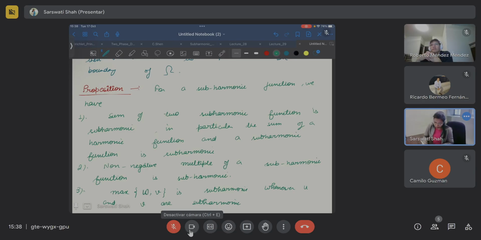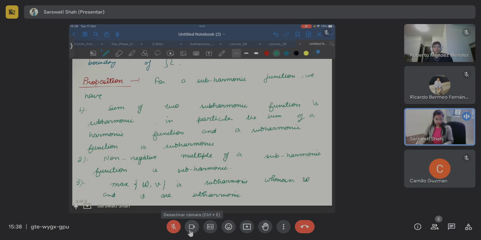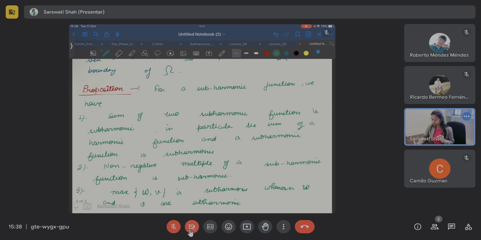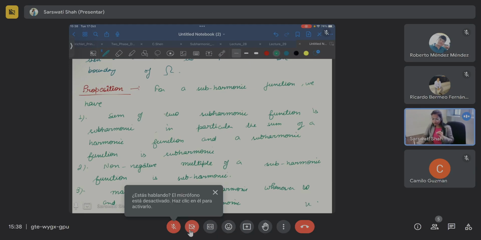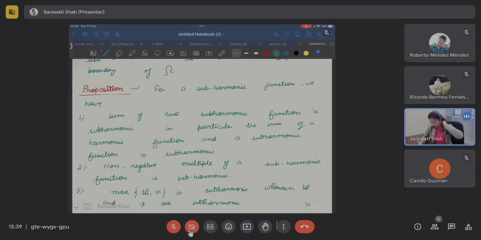Rather than saying u, I would say w, because every time we have defined a subharmonic function, the harmonic function we have chosen is u. So the maximum of w comma v is going to be subharmonic whenever w and v are subharmonic. These two are subharmonic with respect to the same function, so for sure their maximum, even their minimum, is going to be subharmonic.